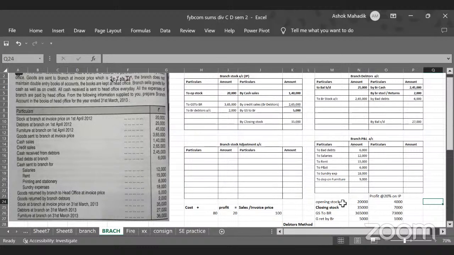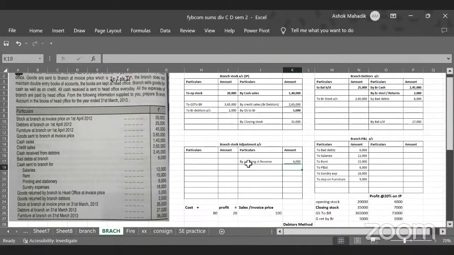First is opening stock. Opening stock in stock account was 20,000. And on that, how much is the reserve? 4,000. That is 20% of that. Clear? So record in branch stock adjustment account by opening stock reserve. How much value? 4,000.